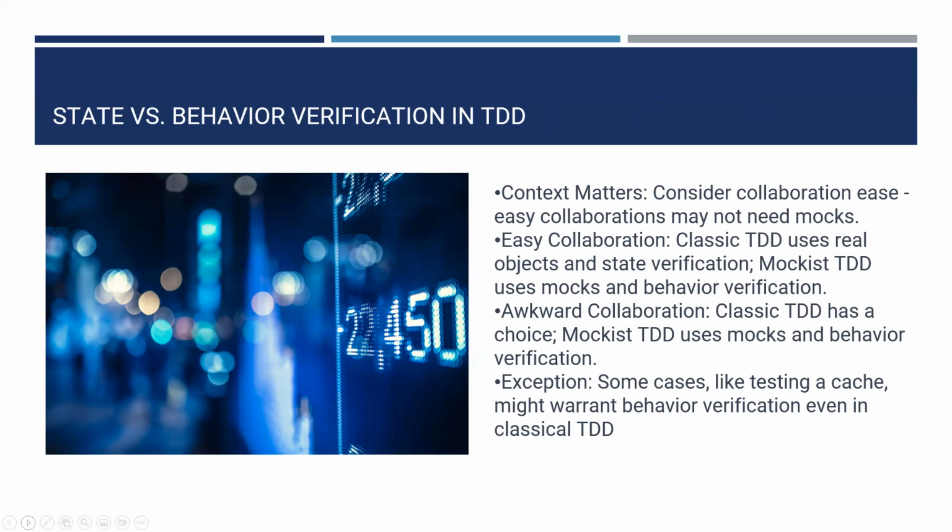Classic TDD tends to use real objects and state verification, while mockist TDD leans towards behavior verification. Except there are some exceptions, such as cases where testing catch might warrant behavior verification, even in classical TDD.